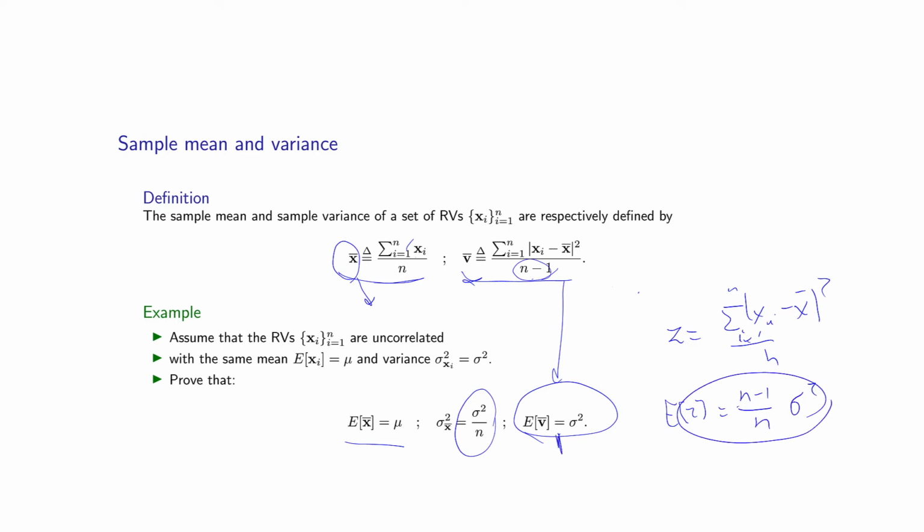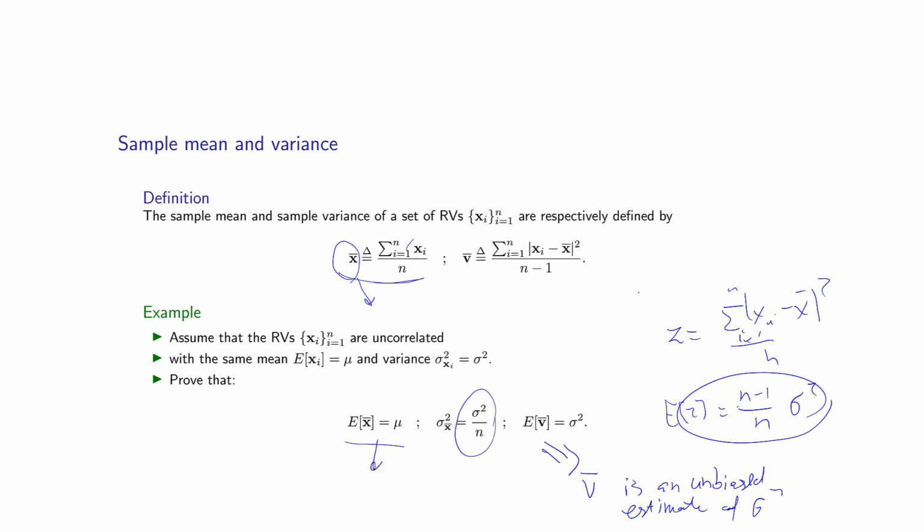But the sample variance with n minus 1 gives an unbiased estimate of the variance. So what I conclude from here is that the sample variance is an unbiased estimate of sigma squared, and the sample mean is also an unbiased estimate of mu.